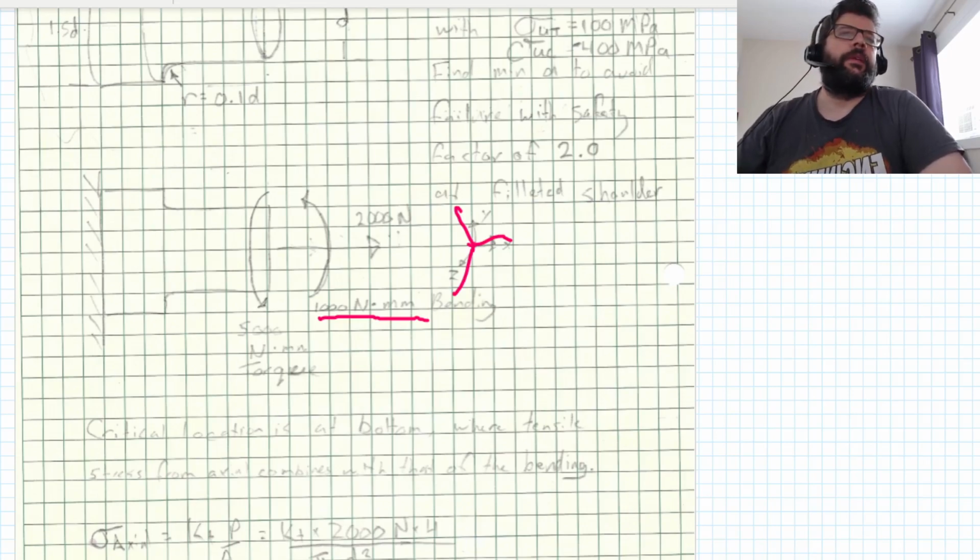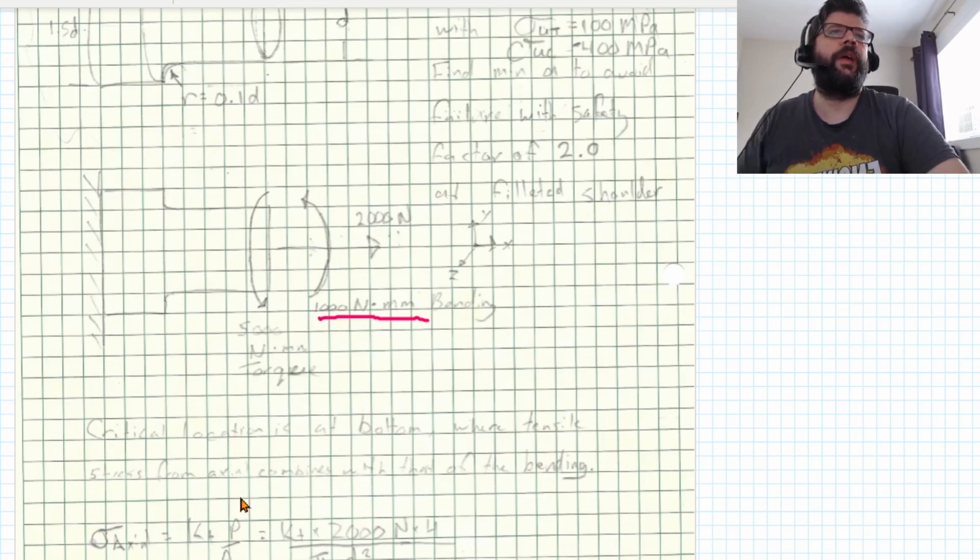We're asked to investigate a failure at the filleted shoulder. We know the critical location is going to be at the bottom there because we have a tensile axial force and a positive bending moment.